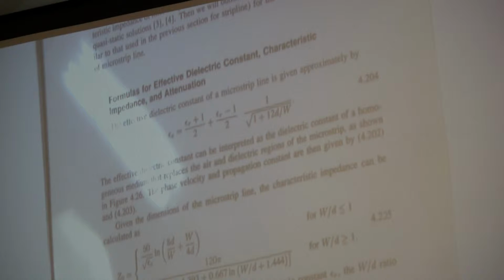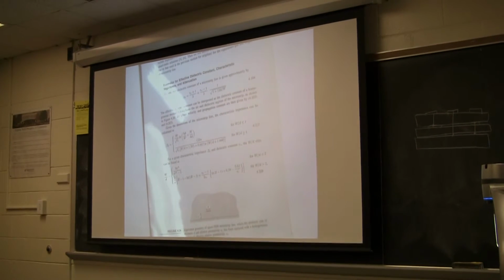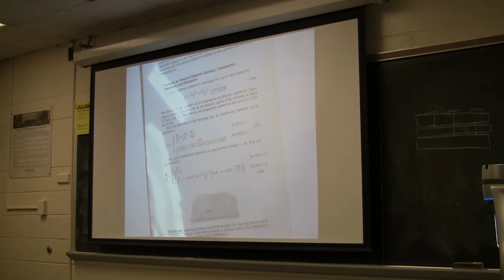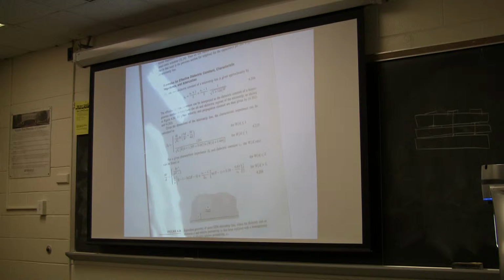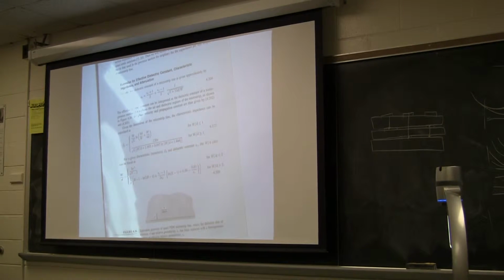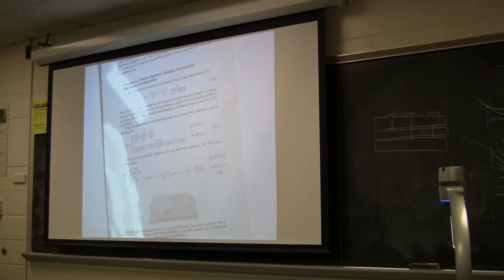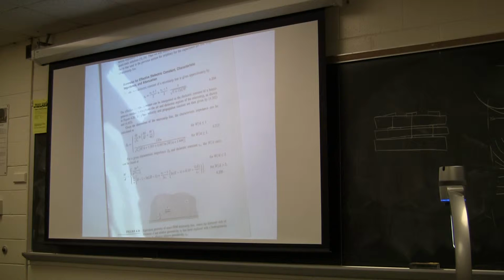As you can see, epsilon effective is almost equal to the average of the two epsilons: the epsilon of the dielectric below and the epsilon of the dielectric above, which is air. So if you are working with FR4, FR4 has dielectric constant of about 4. So you say 4 in the bottom and 1 on the top, that's 5. Square root of 5 is about 2.25.